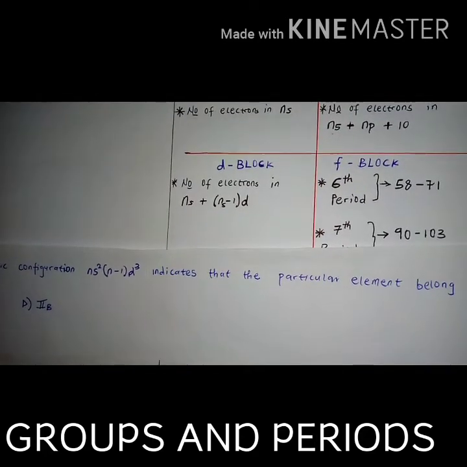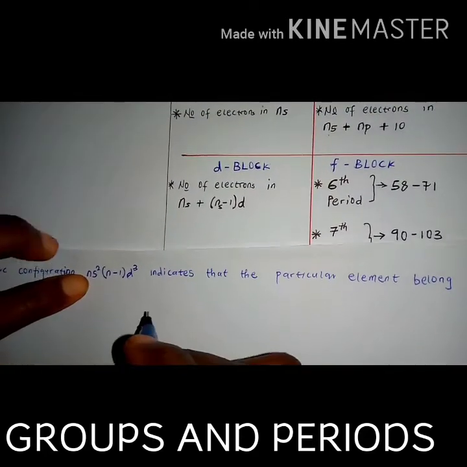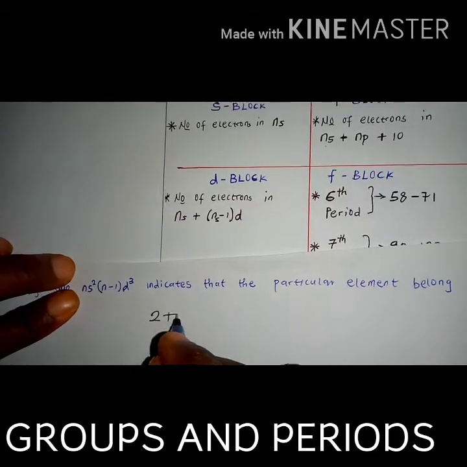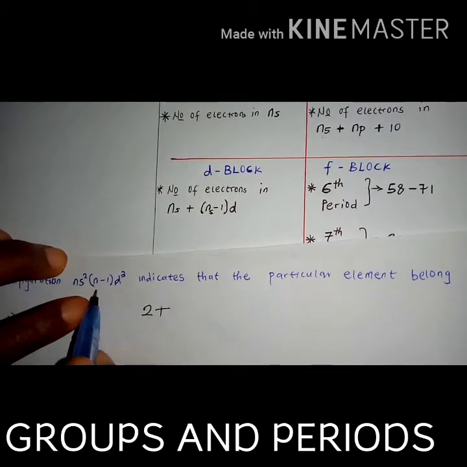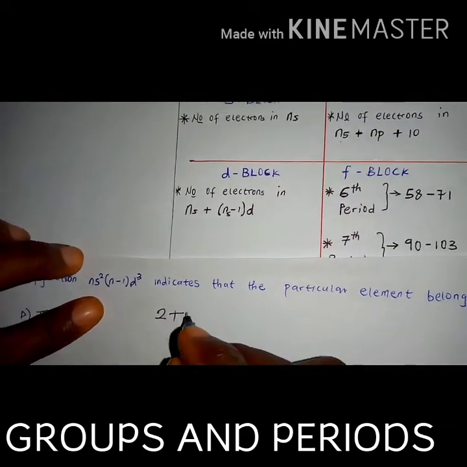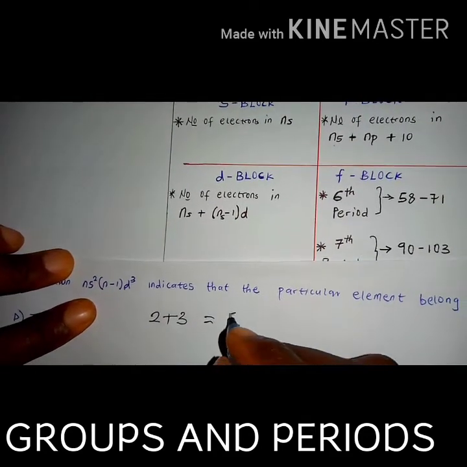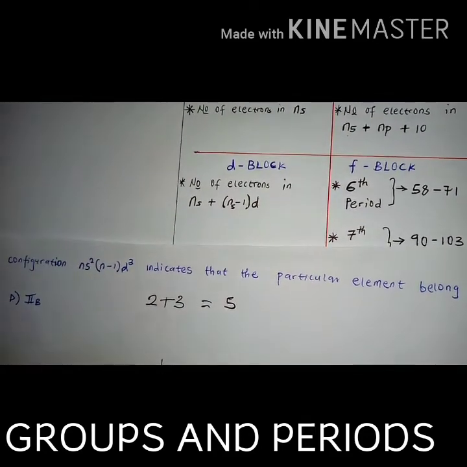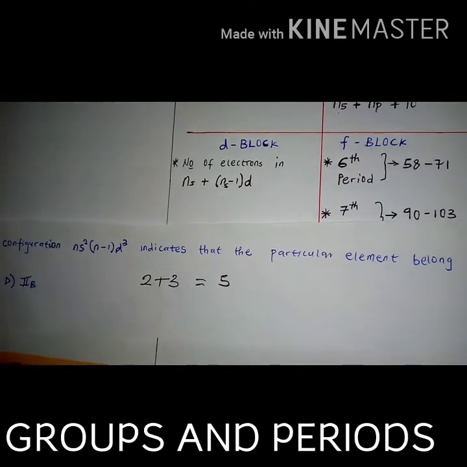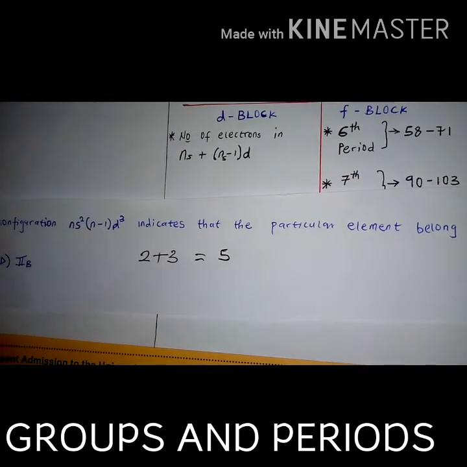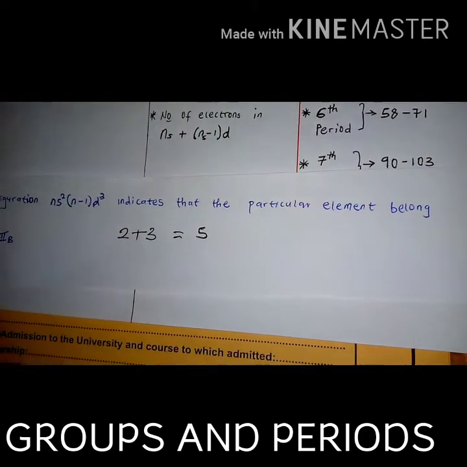Now electrons in the ns is what? 2, plus electrons in the (n-1)d is what? 3. So automatically it is in what? Group 5. But we don't know which of the 5. Is it 5A or 5B?